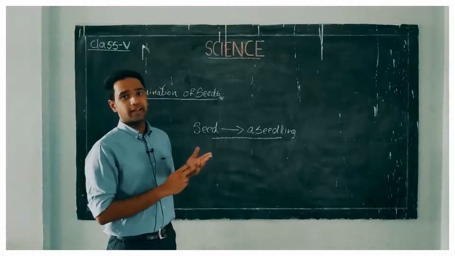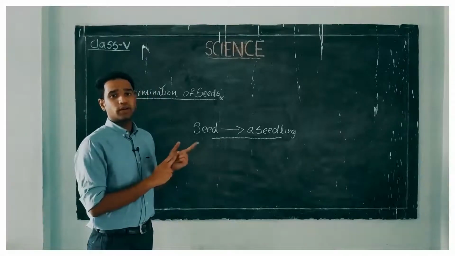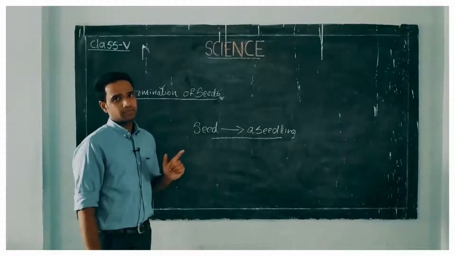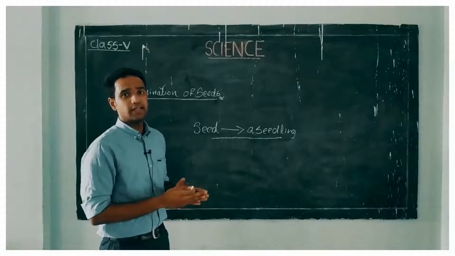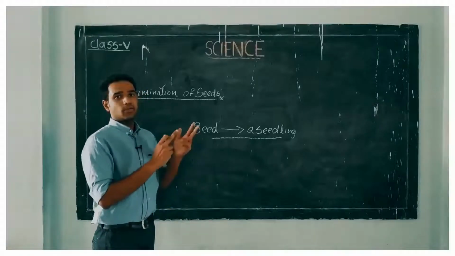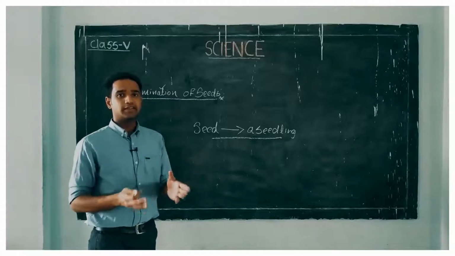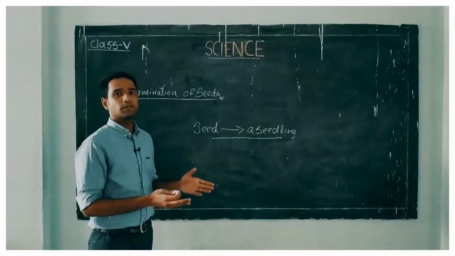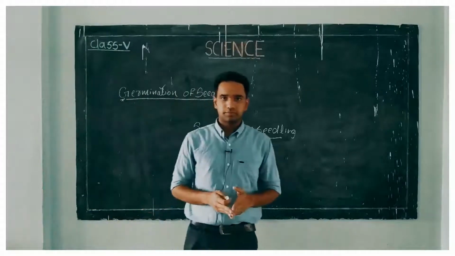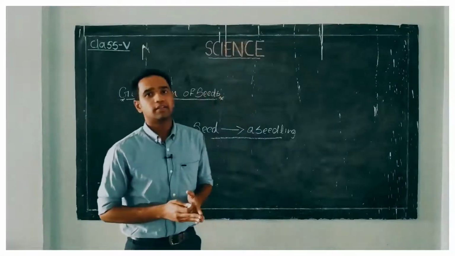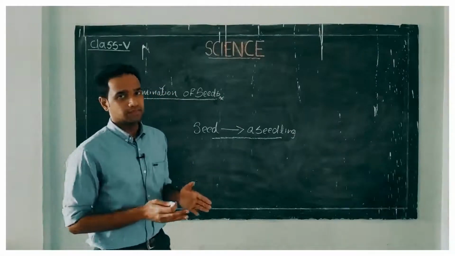First one is air. Second one is water. And the third one is sunlight. So what are the various factors needed for germination? Air, water, and sunlight. When it comes to air, we know that seeds require air for breathing.